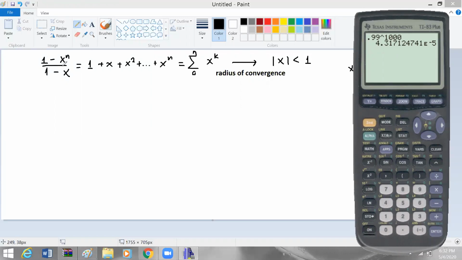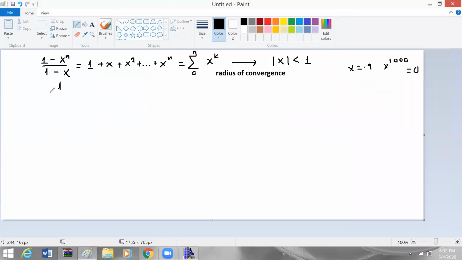So when the term goes to 0, then we have the convergent series, which is 1 over 1 minus x. So this converges for any value of x, I'm sorry, for x less than 1, and then we can rewrite the answer as 1 plus x plus x squared plus dot dot dot up to x to the n, and it can keep going forever because it's the infinite series, the sum from 0 to infinity of x to the k.